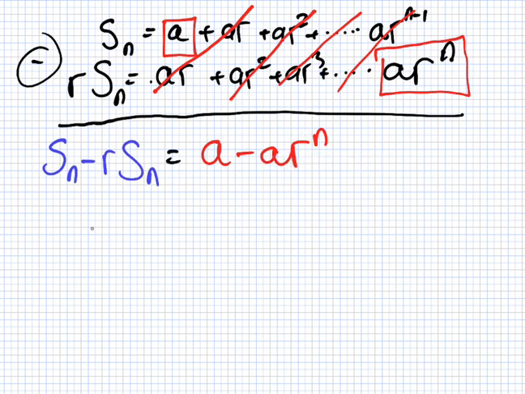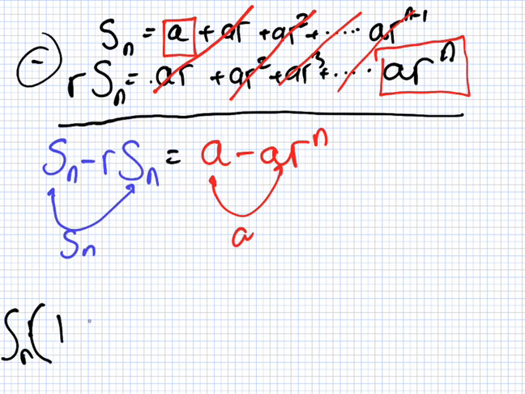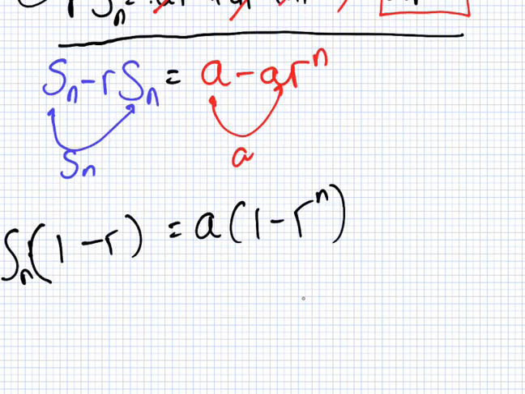Look at the left. What's in common here? Sn. And then on the right, what's in common? a. So you can take it out. Sn(1 minus r) equals a(1 minus r to the n). Make sense? Yeah. So with one step left, we have the answer.